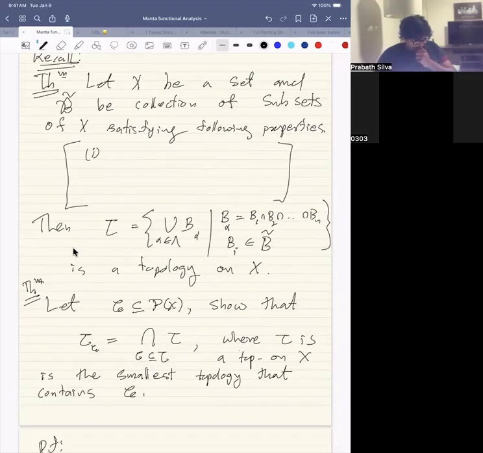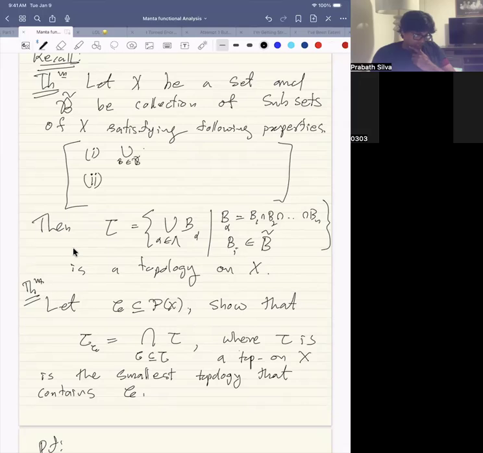So that means we want the union of B in B delta of B equals X. Okay, so we need that.